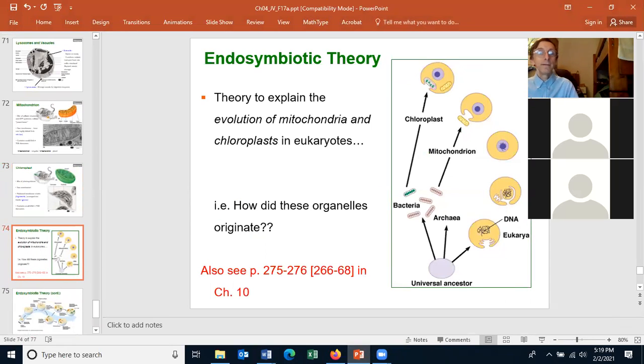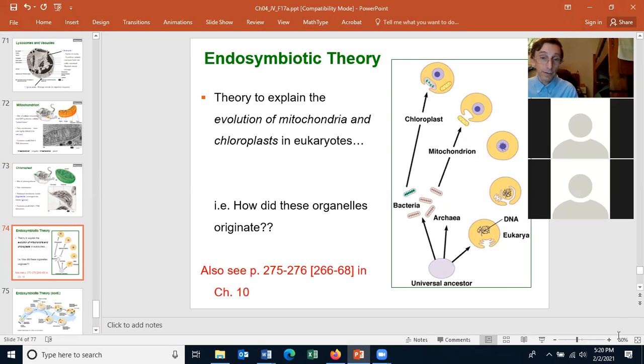And that is the endosymbiotic theory. It is a theory to explain the evolution of the mitochondria and the chloroplast, which are only found in eukaryotic cells. How did these organelles evolve?